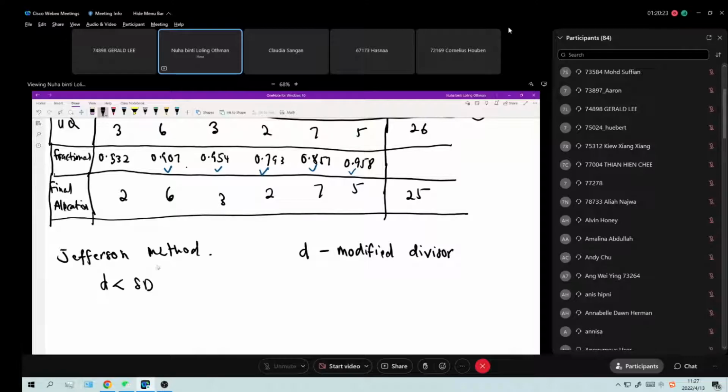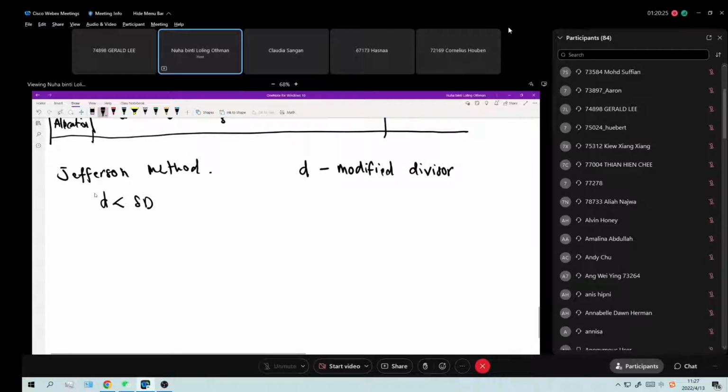So actually the Jefferson method is this one. Slightly less. Then you divide each state population by the modified divisor to get its modified quota. Then you round each modified quota down to its lower quota. The Jefferson method still uses the lower quota, and then you find the sum of the lower quotas.